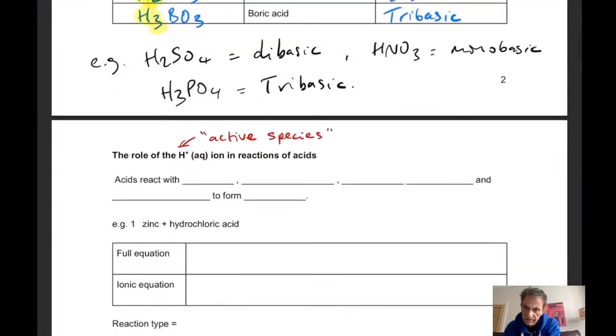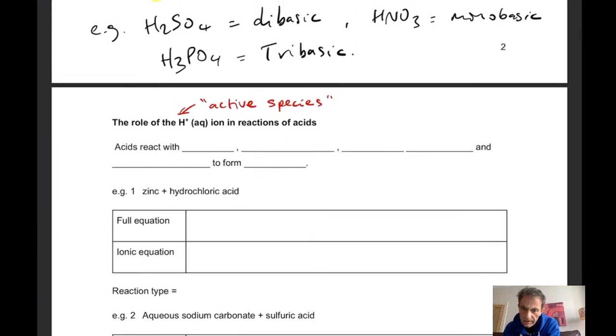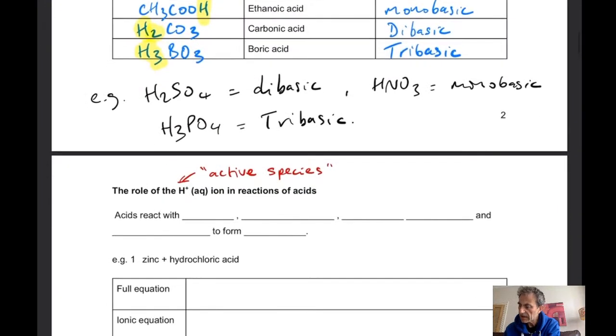How would you take this into account in titration questions? Well, the type of acid enables you to balance the acid-base reaction. So, for example, if you were reacting H3BO3 with, say, sodium hydroxide, you would need 3 moles of sodium hydroxide because there's 3 replaceable H plus ions in the acid.